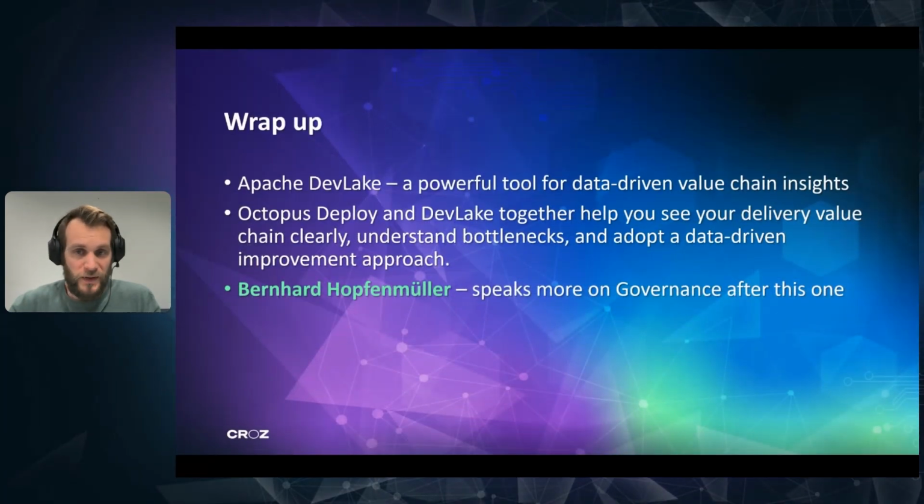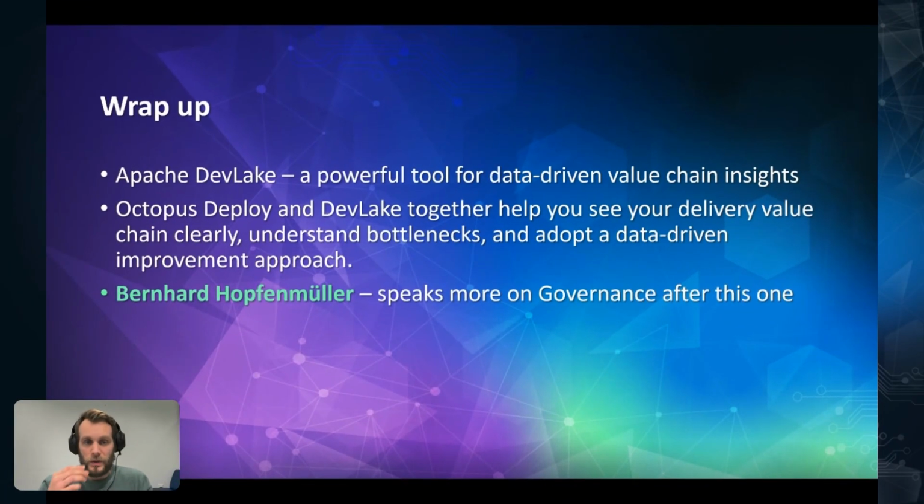So to wrap up things, we saw that Apache DevLake is a really powerful and open source tool for data-driven value chain insights. It enables us to collect various different connections and data sources under one project and treat that one project as one unit to calculate DORA metrics, engineering overview, and even the CVE resolution time.